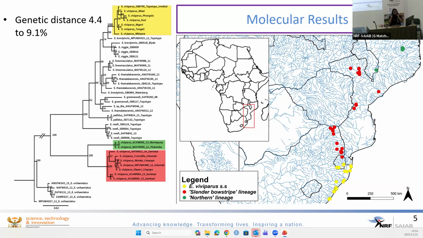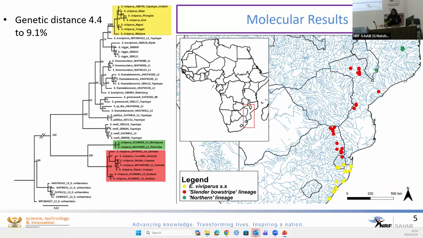They all had a genetic distance of 4.4 to 9.1%. Interestingly, these two new lineages are distantly related from the true viviparus, even though morphologically, for a long time, they were said to be the same species.